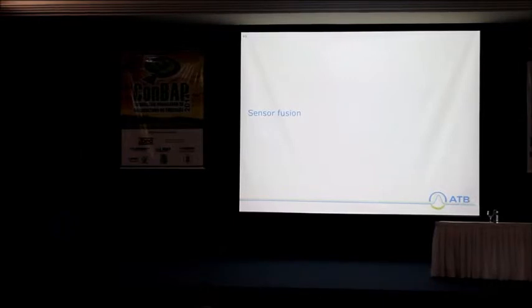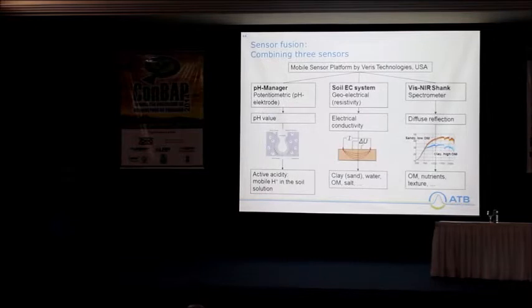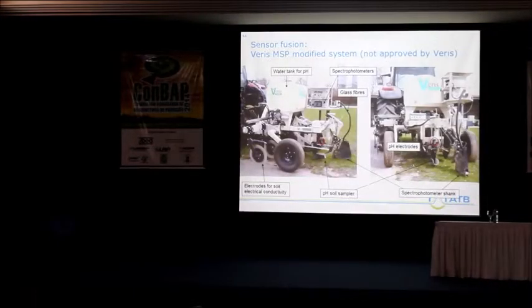So we have seen a couple of sensors, and I think it's a simple idea to say, let's put them all together. So combine the pH sensor with an electrical conductivity sensor and with a spectral sensor. And we have done that using parts of the Veris system, but this combination is not approved by Veris.